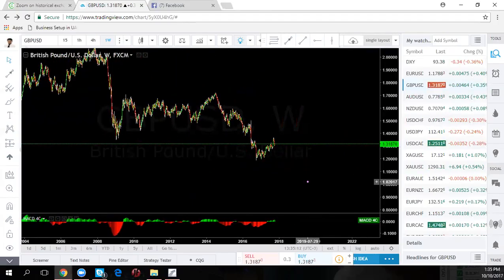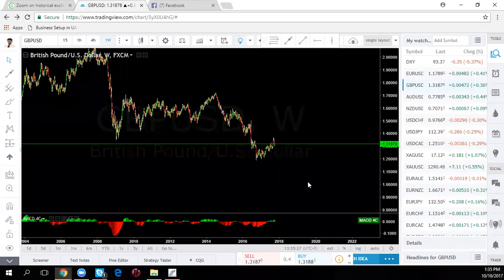Just a correction, right? These are the impulses, correction, correction, that's a smaller, lower degree correction. Correction, this is the highest degree correction in that whole thing. So what we were expecting. What you need to do now is go into this structure and figure out, is this structure over, right?